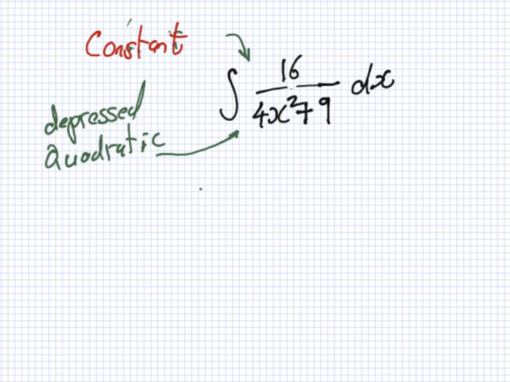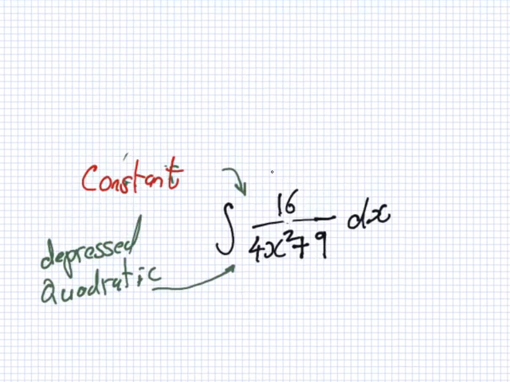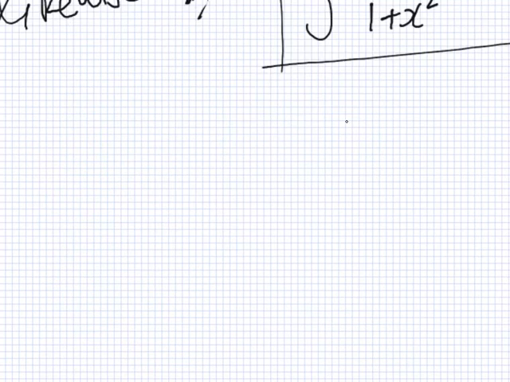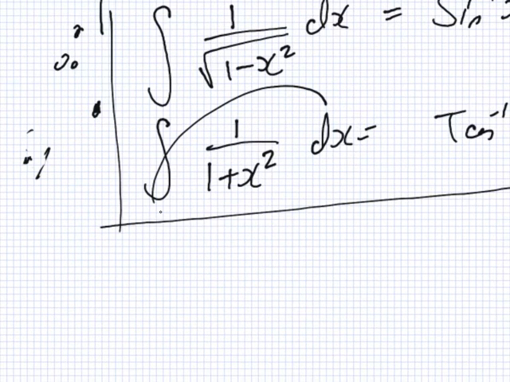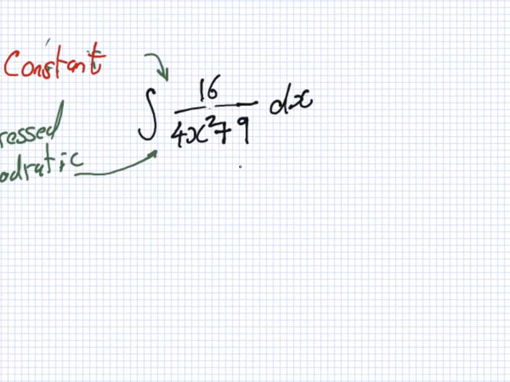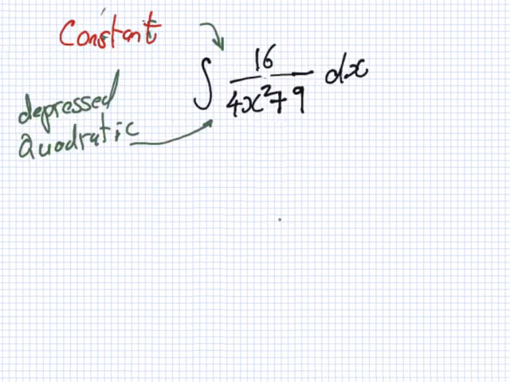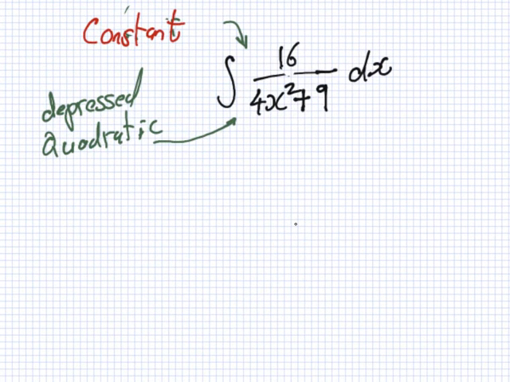So this kind of looks like this, doesn't it? Although it's not quite that. What's the problem? Well, we have a 16, a 4, and a 9, whereas my rule is a 1, a 1, and a 1. So we need a way to simplify, and this is with a substitution.